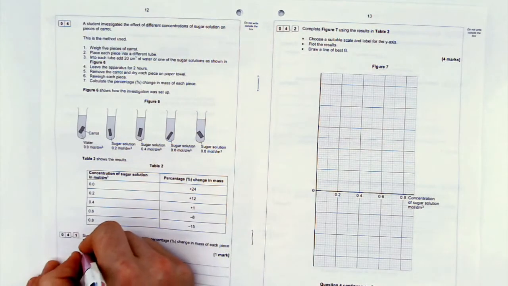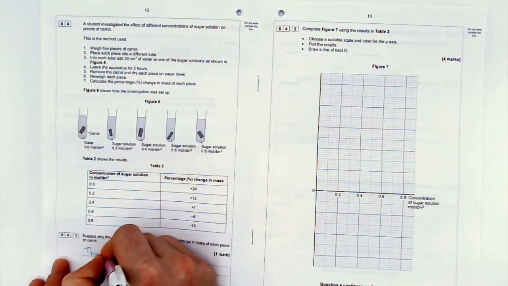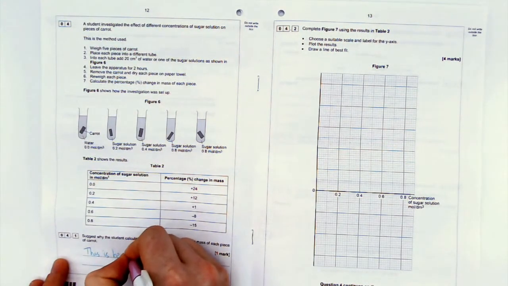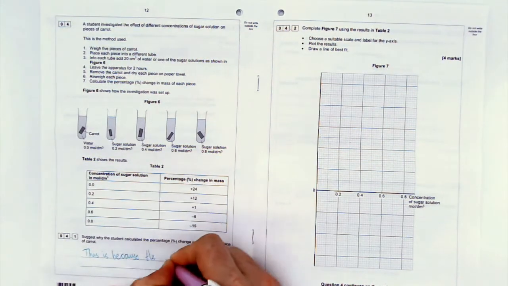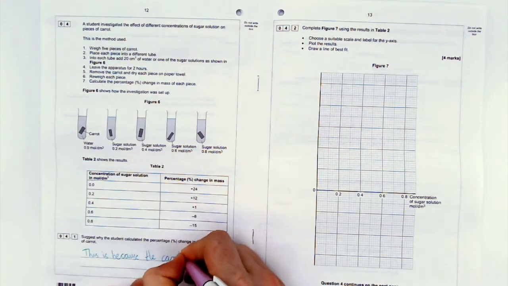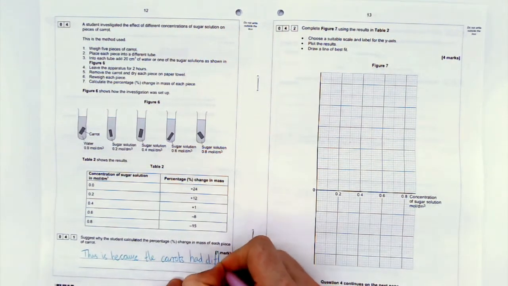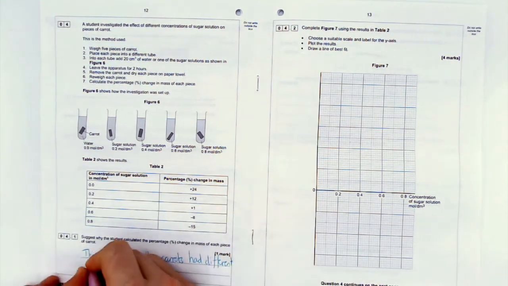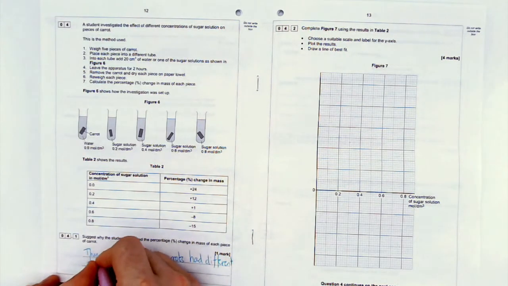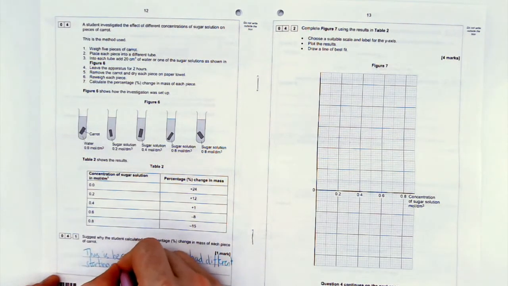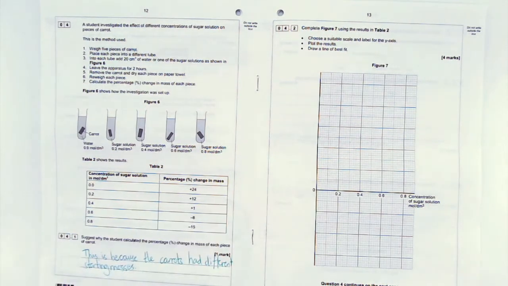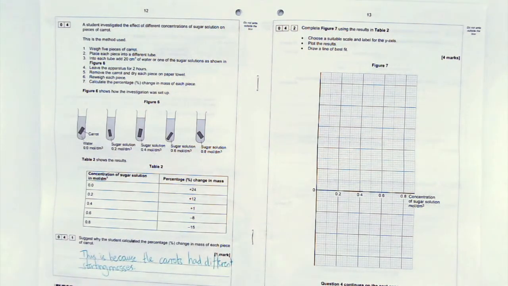Okay, this is because the carrots had different starting masses. So by doing the percentage change, I've controlled for that.